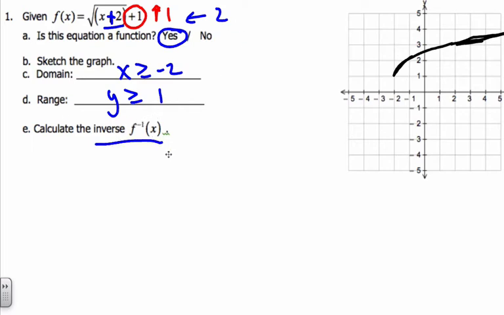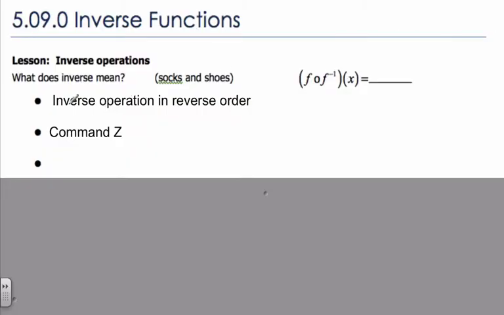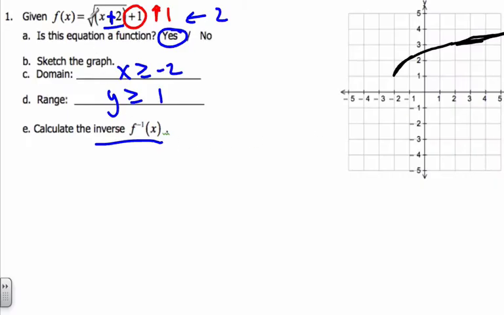Now, to calculate the inverse. What I just said is that it's the inverse operations in reverse order. So if I think about this function, my initial function is the square root of x plus 2, plus 1.